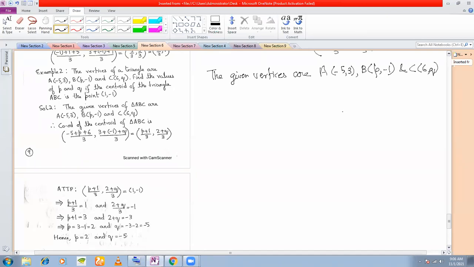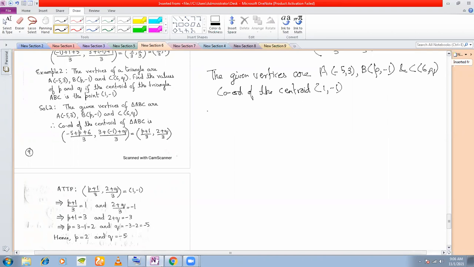These three are the given vertices. Find the values of p and q if the centroid of the triangle ABC is (1, -1). So the coordinates of the centroid are given to you as (1, -1). Let us first find out the coordinates of the centroid in terms of p and q.